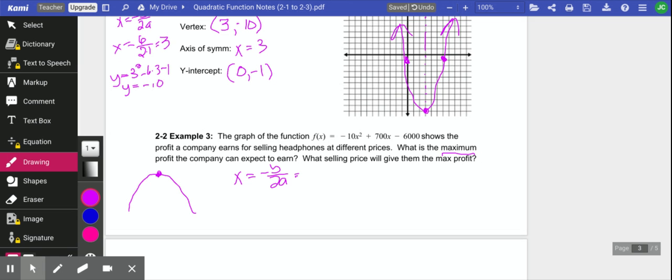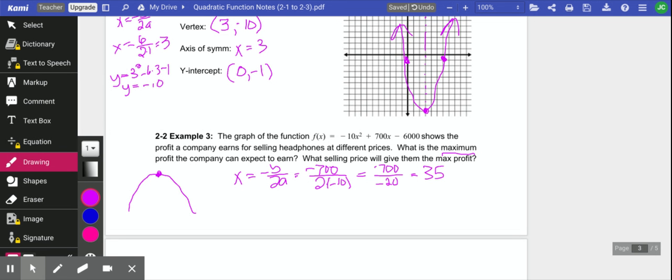So in this problem, b is 700, so we get negative 700 over 2, and a is negative 10. So we get negative 700 divided by negative 20, which gives us 35.